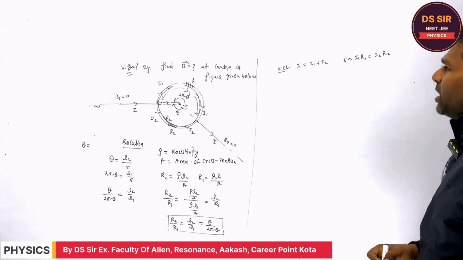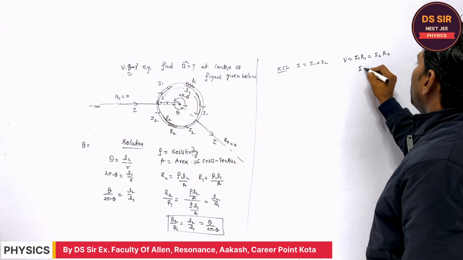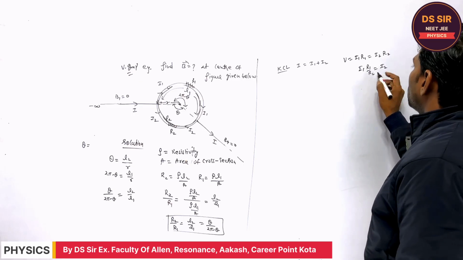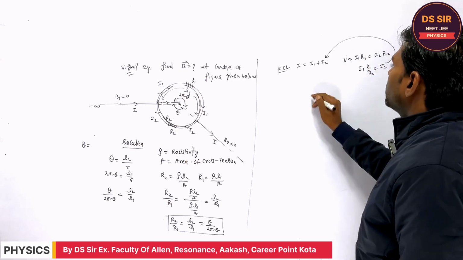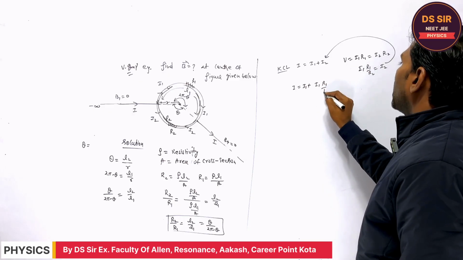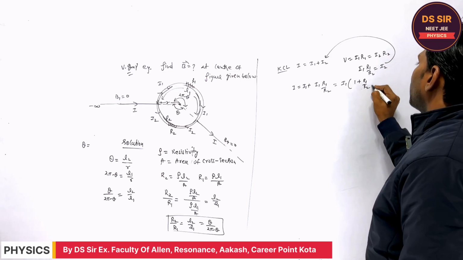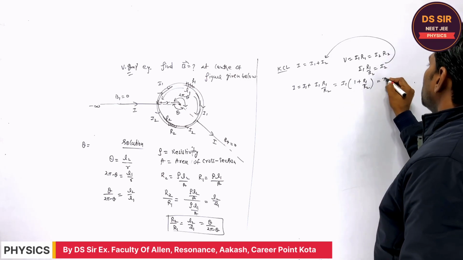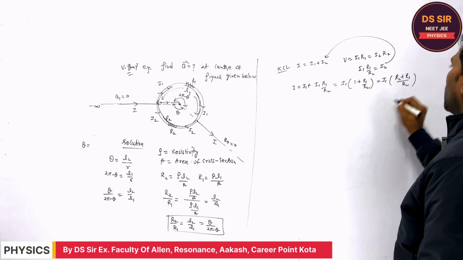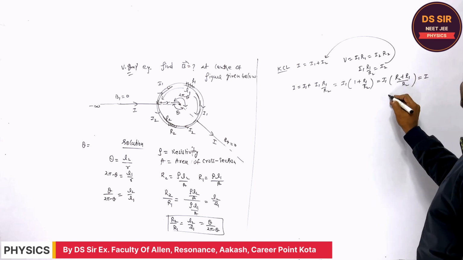Yes. So I2 is equal to I1 R1 upon R2. So put the value of I2 this side. So I is equal to I1 plus I1 R1 upon R2. If you take I1 common, it is equal to I1 times R2 plus R1 upon R2. It is equal to what? Say I. So what is the value of I1?